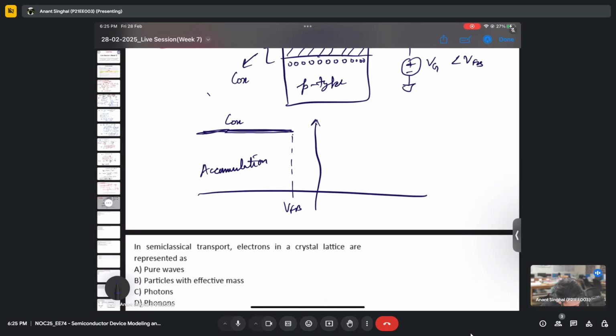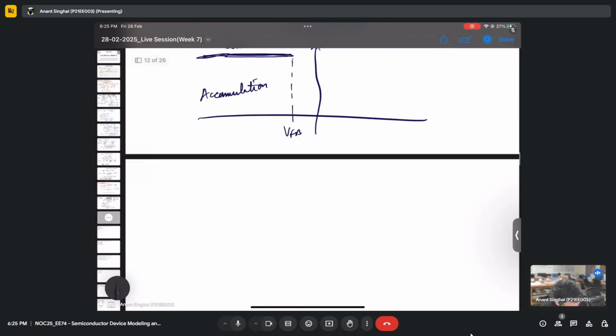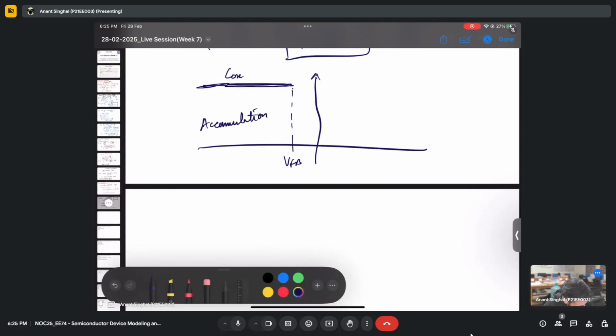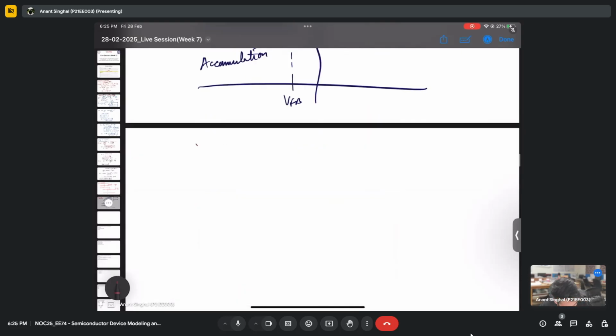Now we go towards the depletion. I'll update the figure, but I'll explain it. What was happening for the depletion, if you remember?